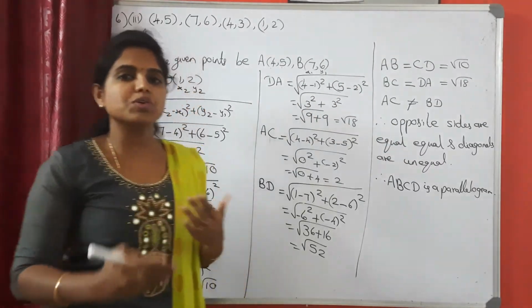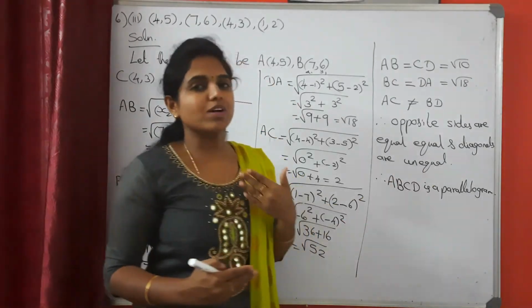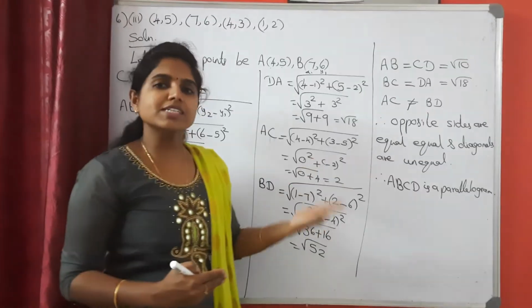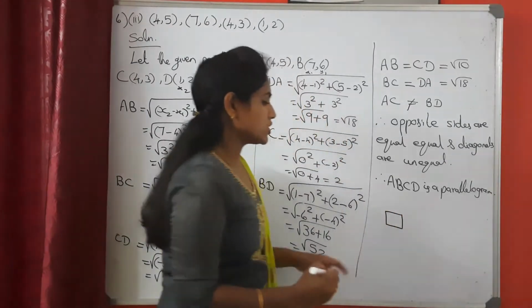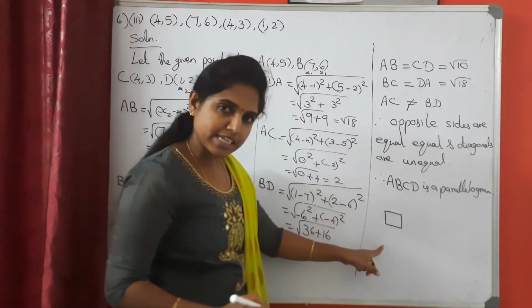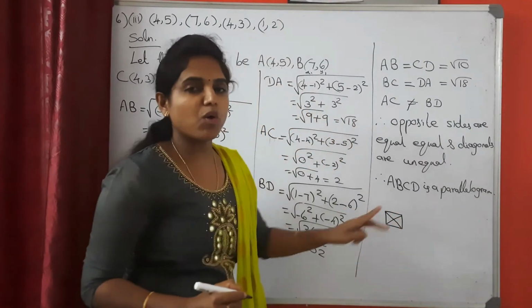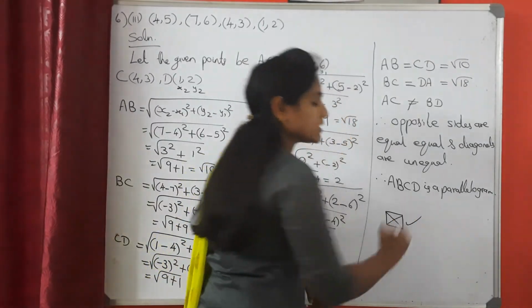So, we have to know all the definitions. What is a parallelogram, what is a square, and what is a rectangle? What is a square? Square means all four sides are equal and the two diagonals are equal. Then we can say it is a square.